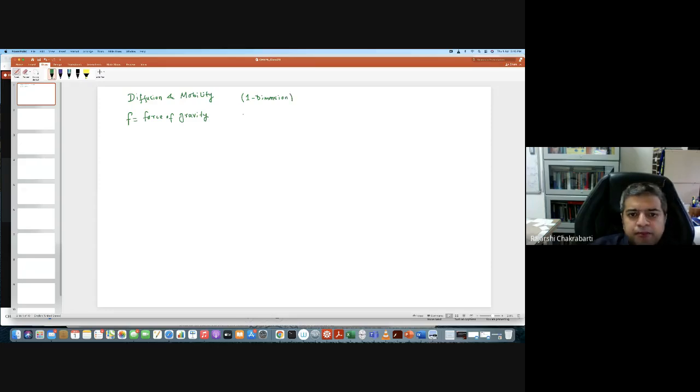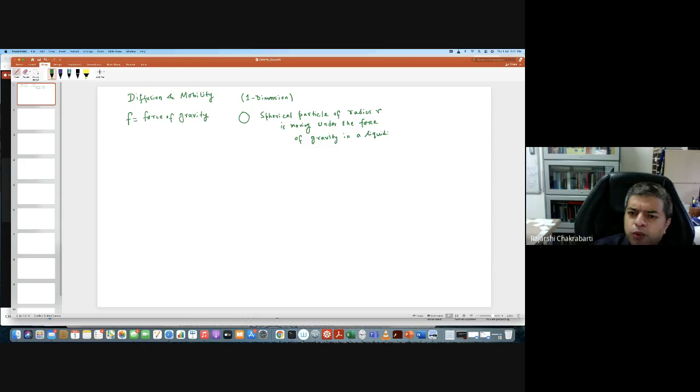This particle is spherical, of radius r, and it is moving under the force of gravity in a liquid.